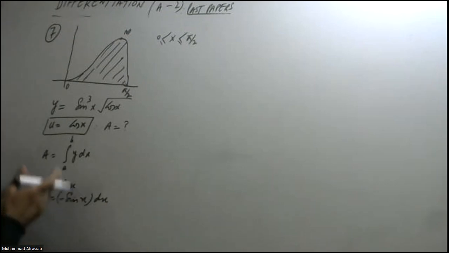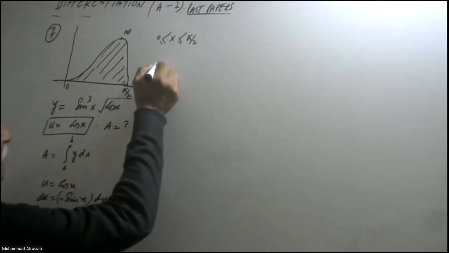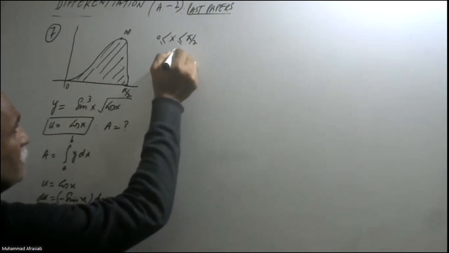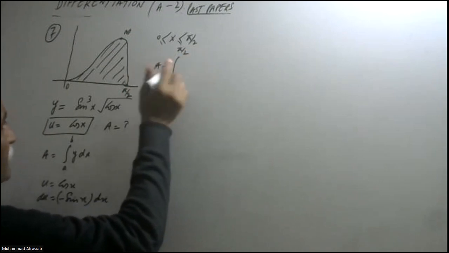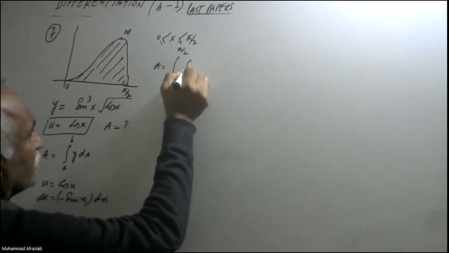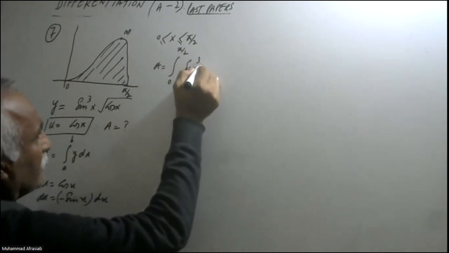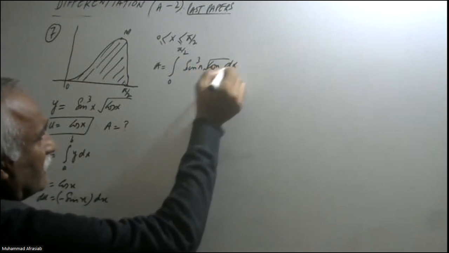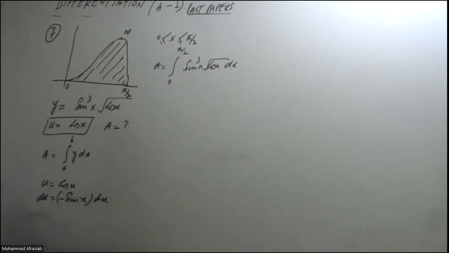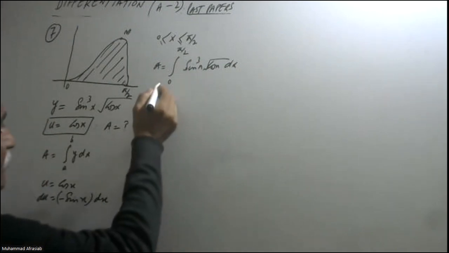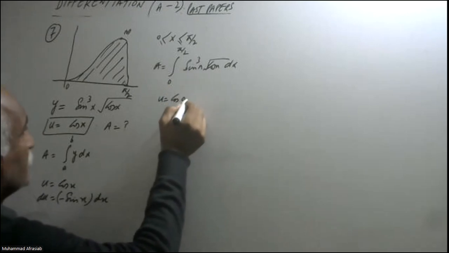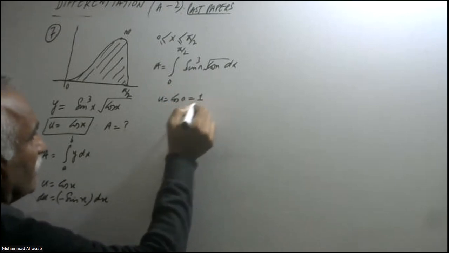Now we will put into this formula: area is equal to the integral from 0 to pi by 2 of sine cube of x into square root of cos of x into d of x. So first we have to change the limits also here. If x is 0, u is equal to cos of 0, and that is equal to 1.